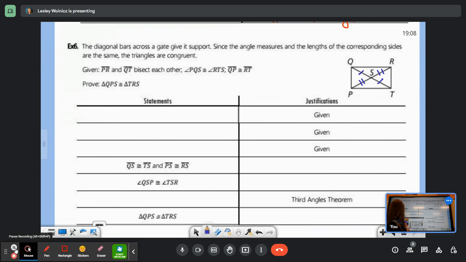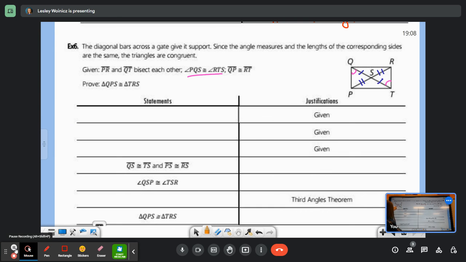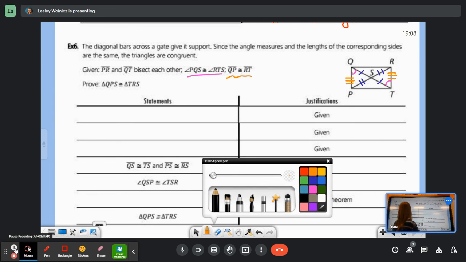Okay, we know that angle PQS is congruent to RTS. And segment QP is congruent to segment RT. I color coded them so I didn't forget which ones were which in the middle of the proof like I did before.